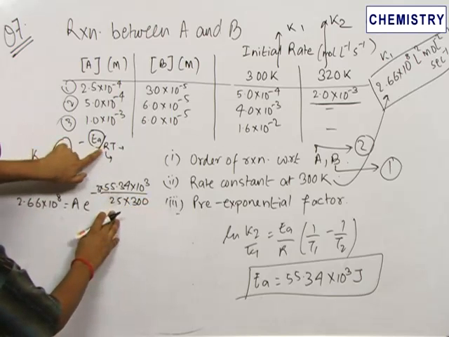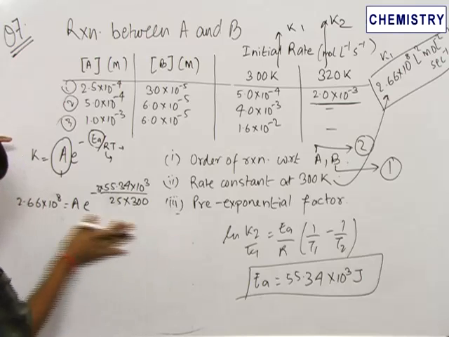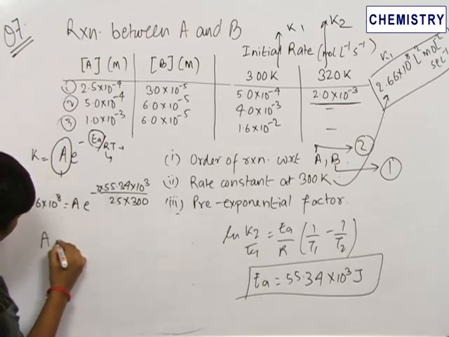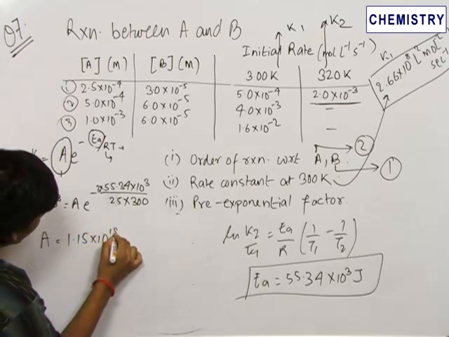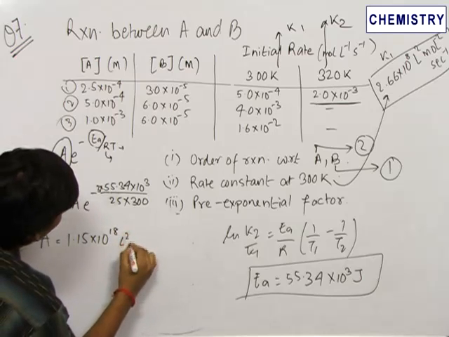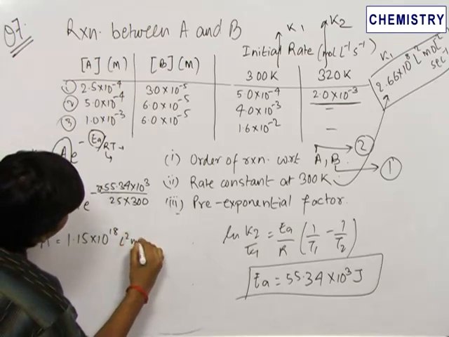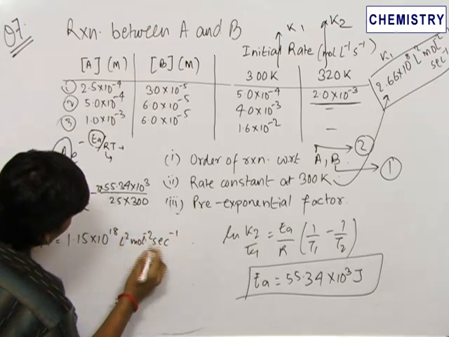The exact value of R is not 25 by 3, but we can write it in most of the questions to approximate it. On solving this, we get the value of A to be equal to 1.15 into 10 raised to power 18. Again the same unit as that of K, that is liter square mole minus 2 second inverse.